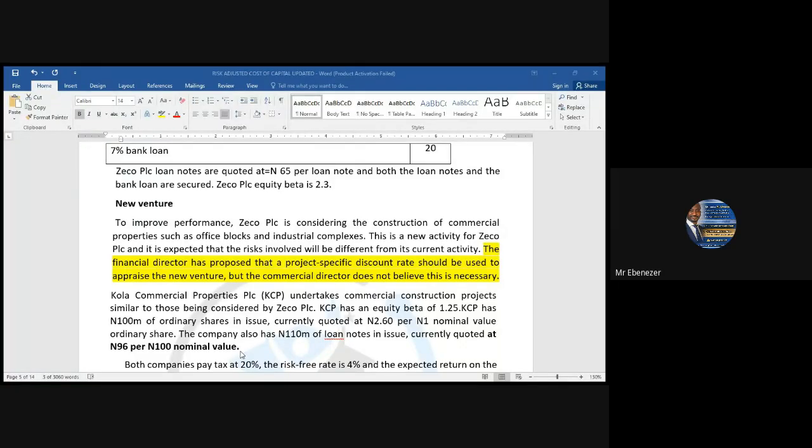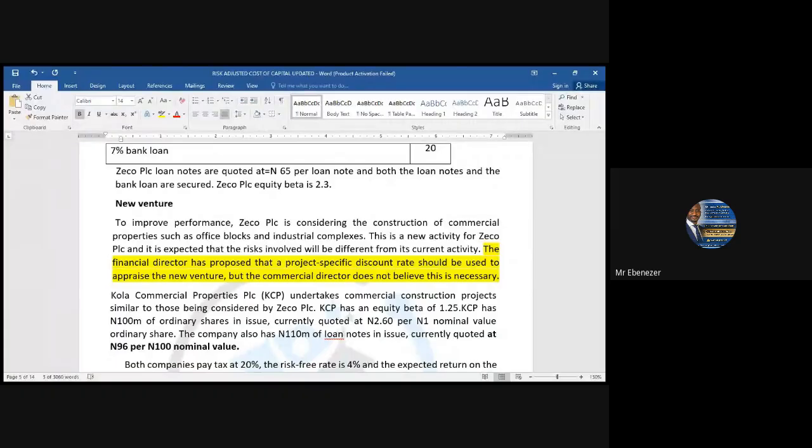So when you are reading the question, you are reading with the mindset of bringing out those ingredients from the question. Now, considering the construction of commercial properties, such as office blocks and industrial complexes. Now, this is a new activity of ZECO PLC. Yes, we know. And it is expected that the risk involved will be different from its current activity.